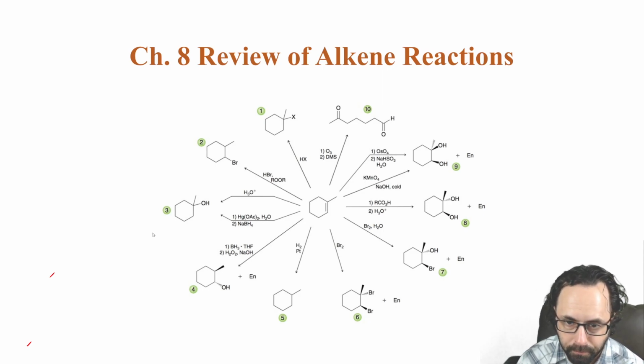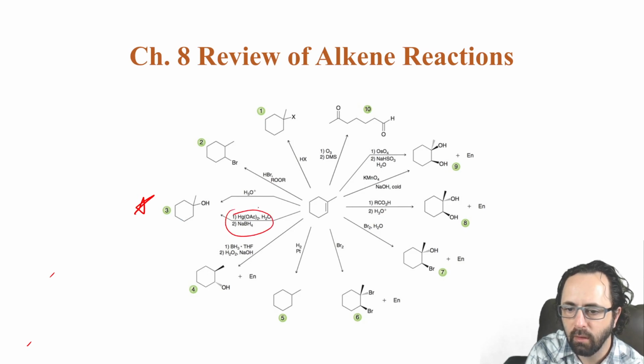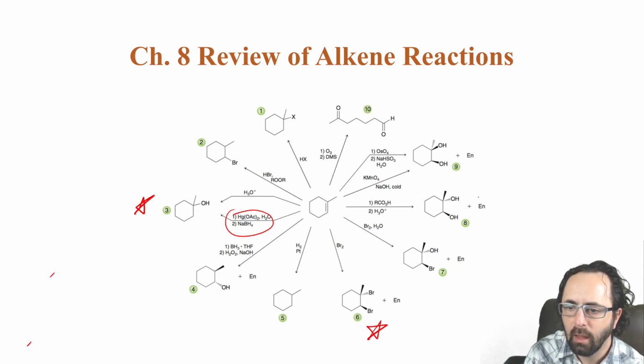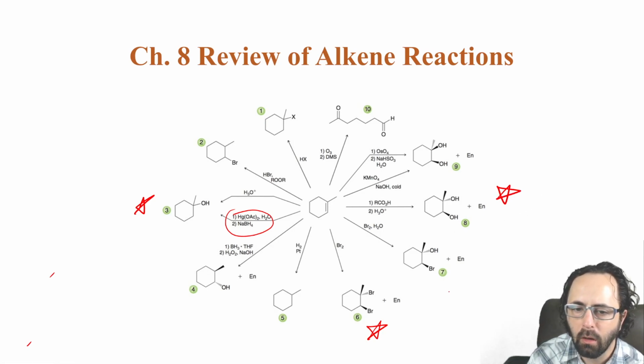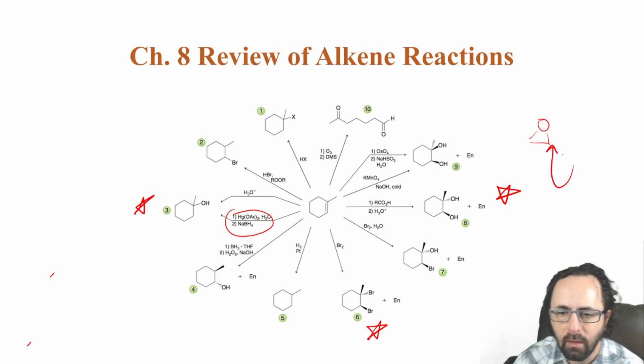For example, these three: the oxymercuration-demercuration, the halogenation here, the bromination, and the anti-dihydroxylation all occur in an anti-fashion because they proceed through a triangular type intermediate where nucleophilic attack can only happen from the bottom.